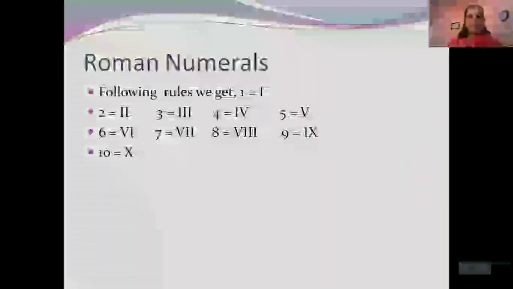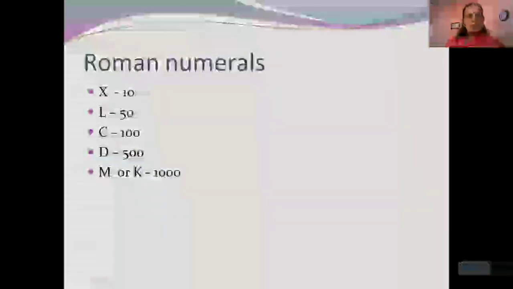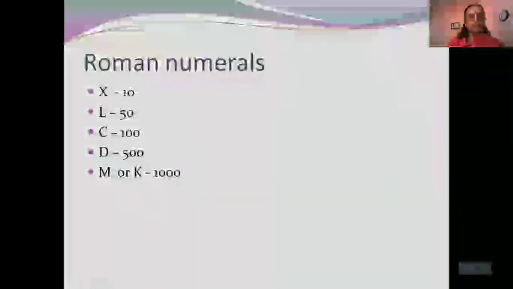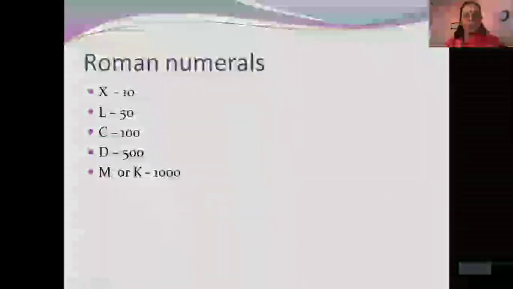All these things you have been learning when you are writing the names of classes and timetables, etc. The Roman numeral for 10 is X, for 50 it is L, for 100 it is C, for 500 it is D, and for 1000 it is M or K.